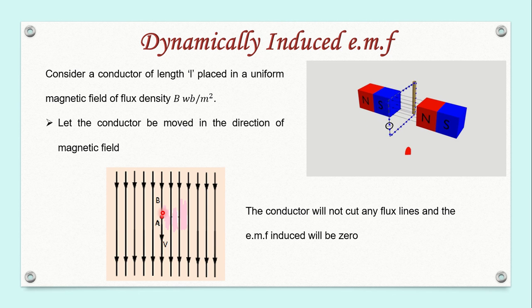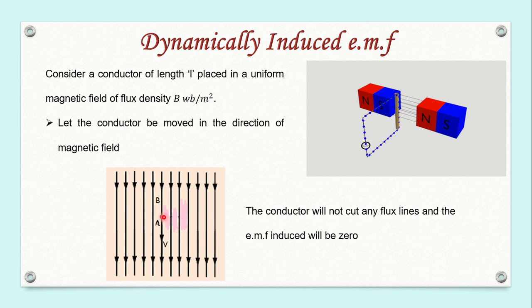So the conductor is moved in the direction of the magnetic field with a velocity v. When it is moved so, the conductor will not cut any flux lines. It will just move in a direction parallel to the lines. So the conductor will not cut any flux lines, and hence the EMF induced in the conductor will be 0.